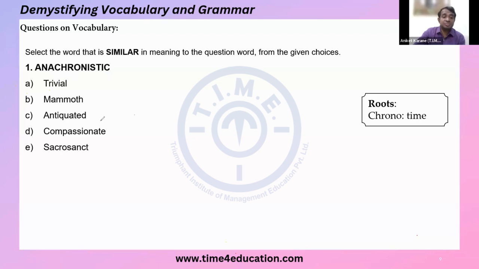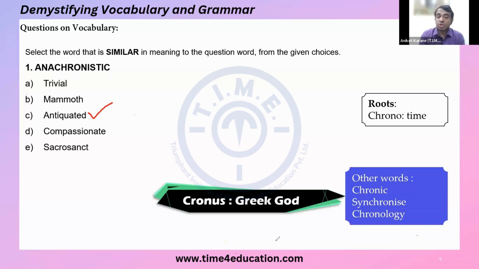If it is not from this time period, it means it is antiquated. So it is old. It is not new. It is from an older time. If I were to see the origin of it, chrono comes from Cronus, the Greek god of time.